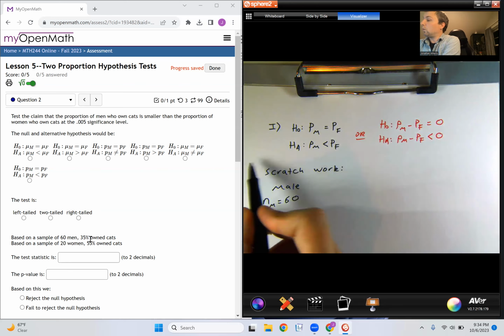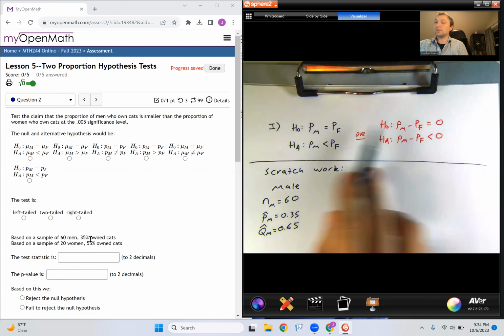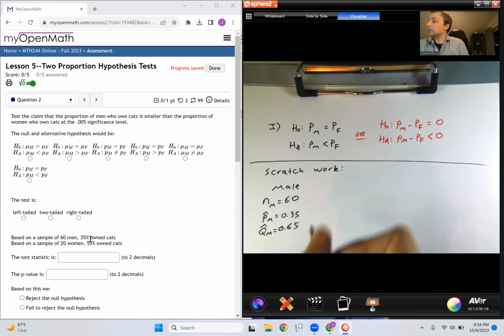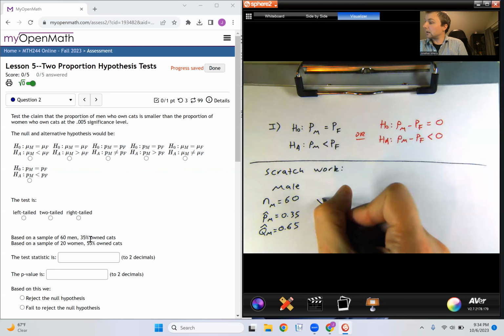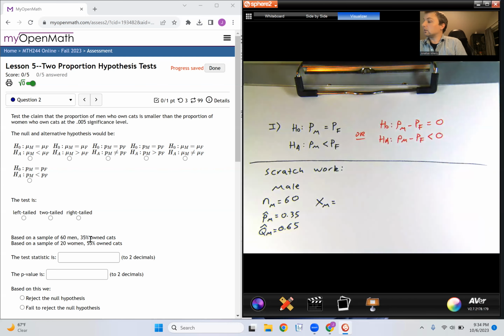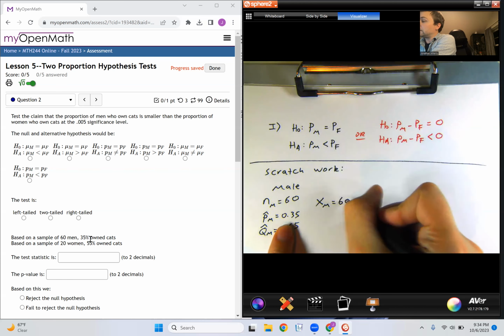Now, when I'm working with a hypothesis for two proportions, if I'm assuming the two groups look the same, I'm going to need to pool together all of my successes and failures. In order to do that, I need to know how many men in this sample owned a cat. To figure out the number of men that owned a cat, my X value here, I can look at 35% of the 60.